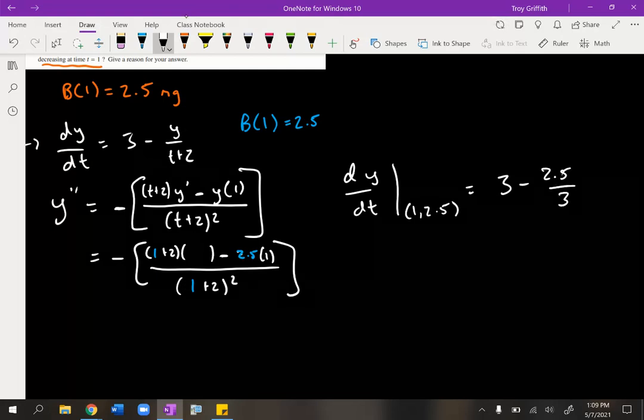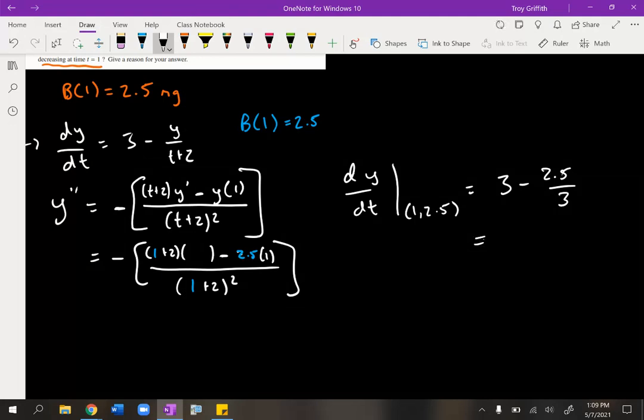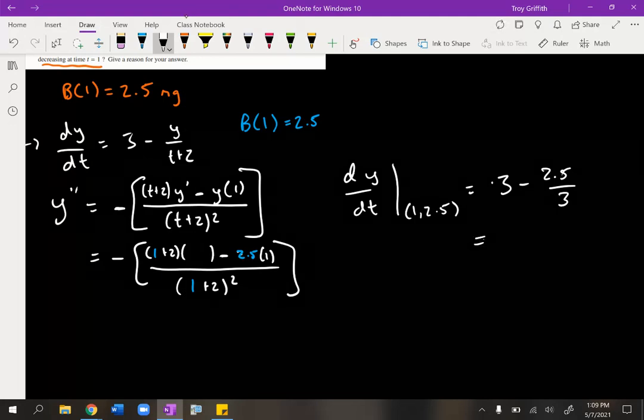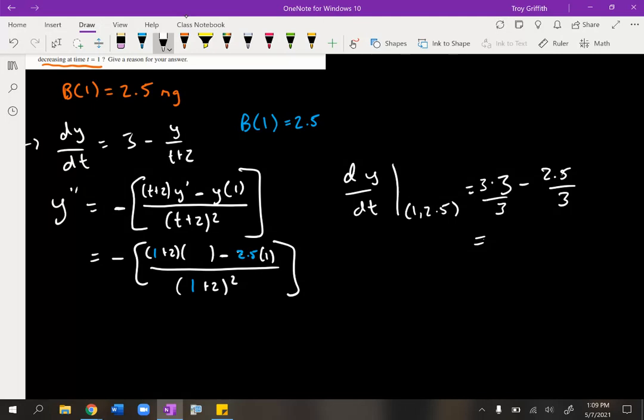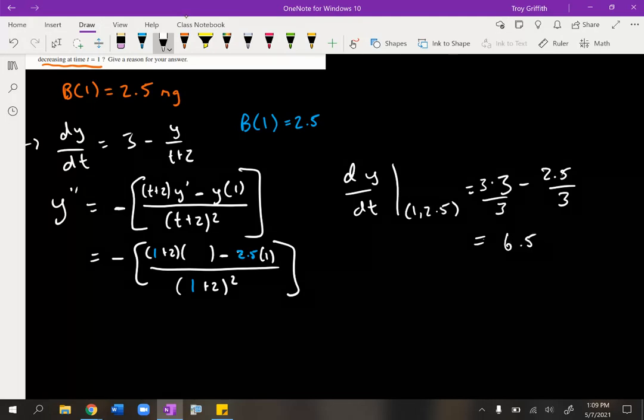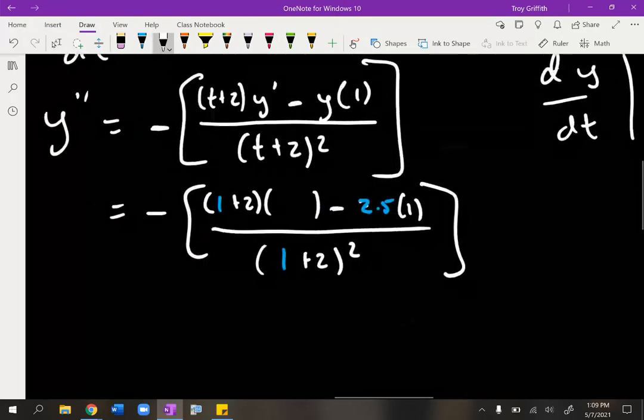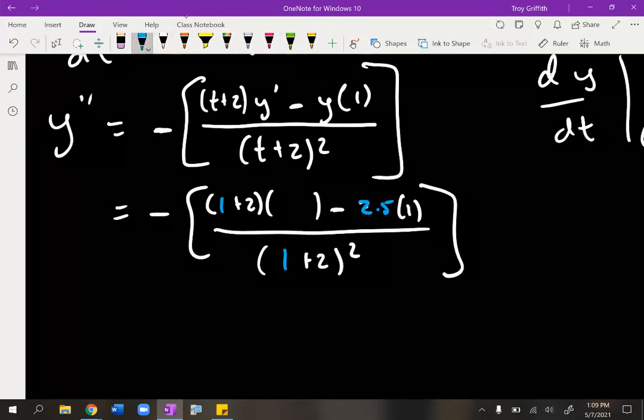We could do some extra work with this. Maybe I'll multiply this by 3, so 9 minus 2.5 is 6.5 over 3. So wherever I see this y prime right here, I'm going to plug in 6.5 divided by 3.